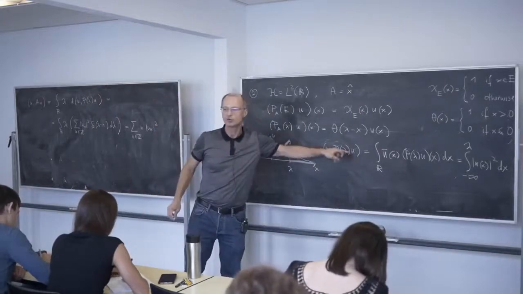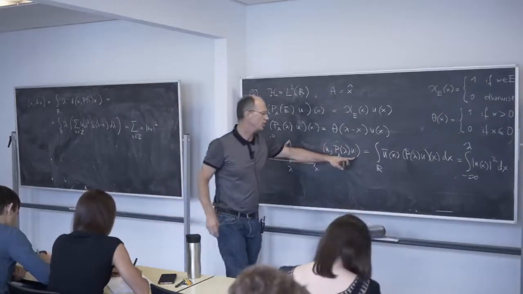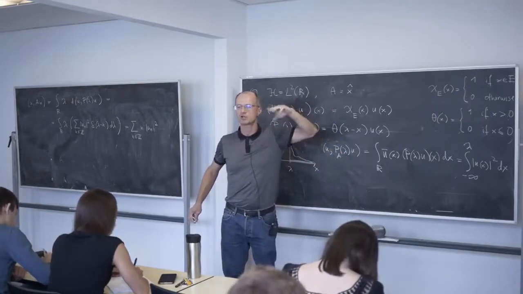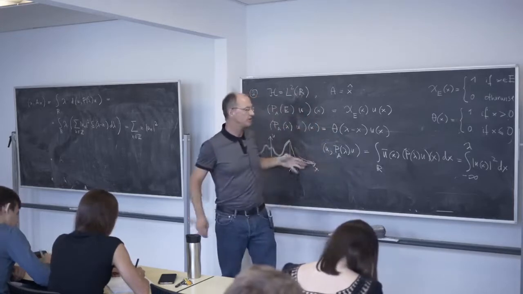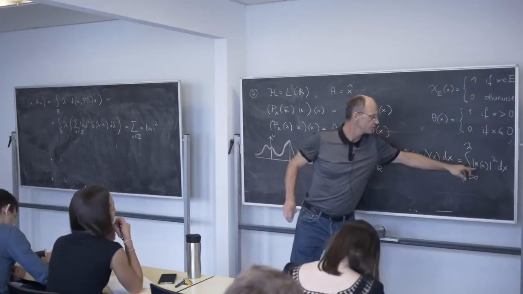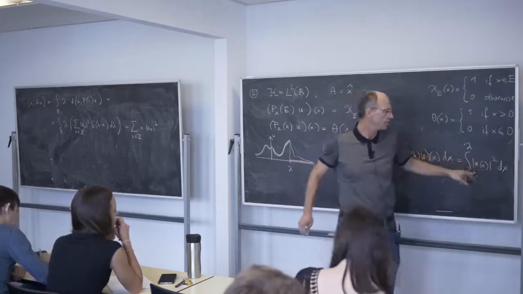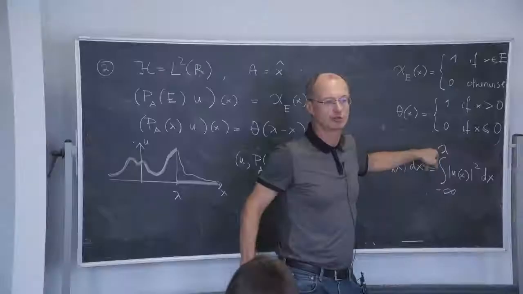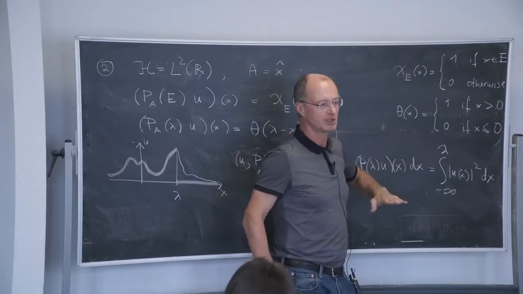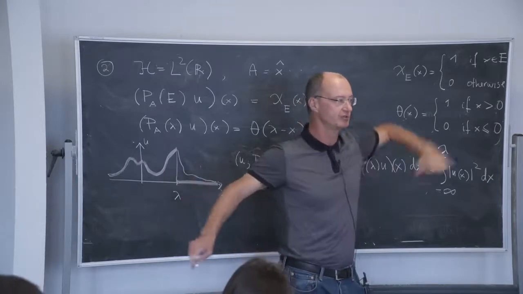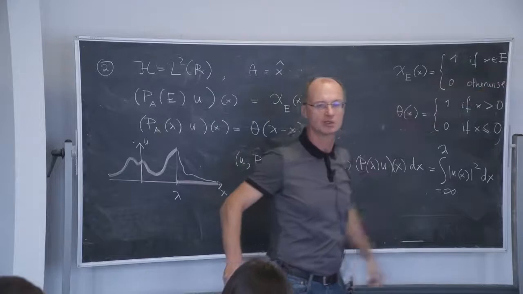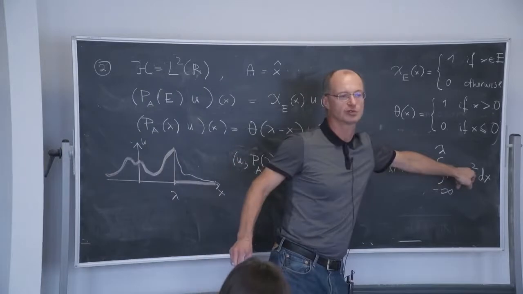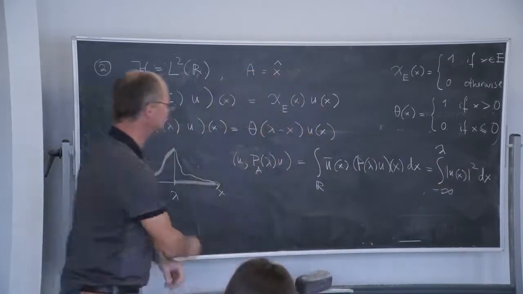So recall that before, those functions would be step functions. They would jump at the points of the spectrum. Now the spectrum is all of R, so this will be more like a nice function. This is a clearly monotonously increasing function of lambda. It starts from 0 at minus infinity. It goes to 1 at plus infinity if u were normalized, but if not, it goes to the norm of u squared at infinity.